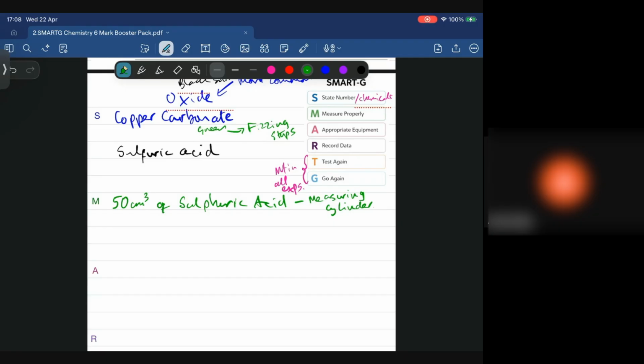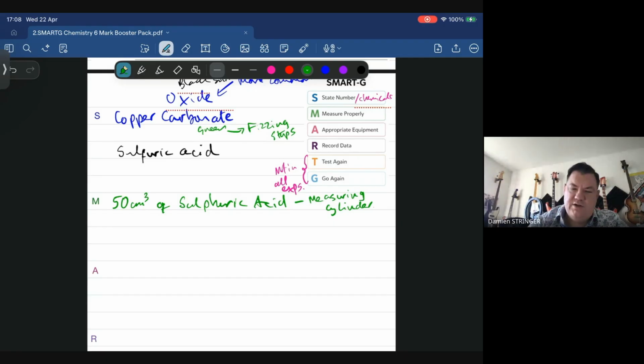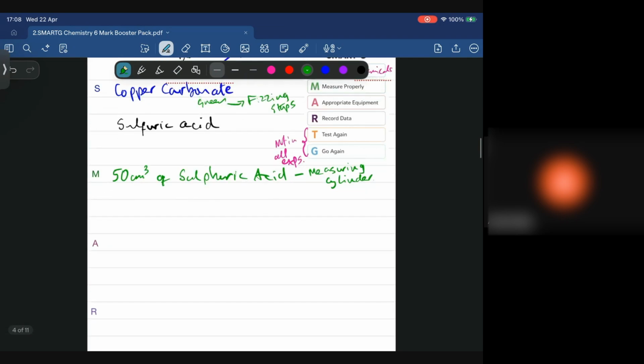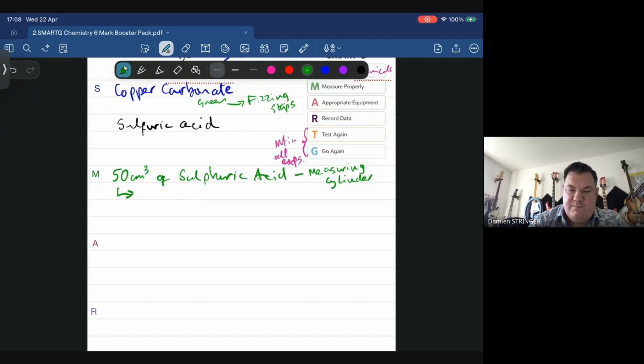Do you add it to a beaker? Yeah, so you'd put that in a beaker. And just to be extra safe, I'd put 100 centimeter cubed. You want it bigger than what you've measured out.